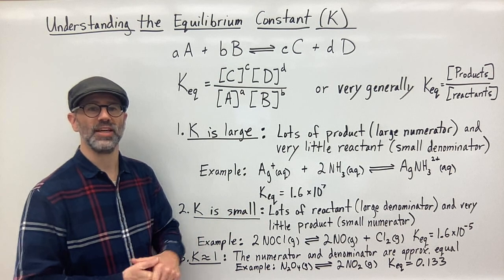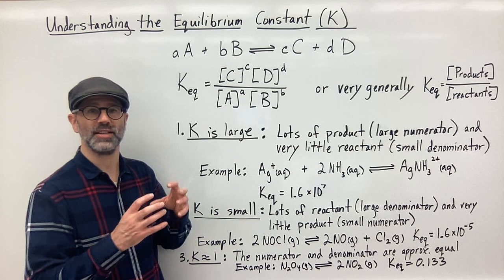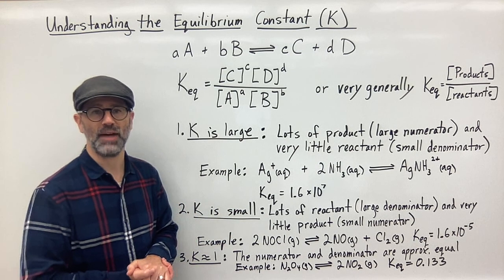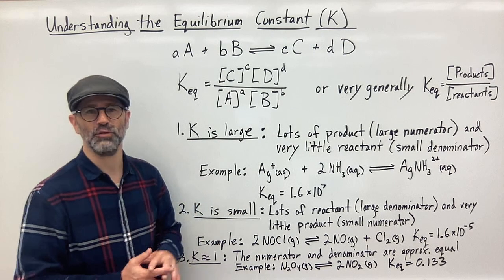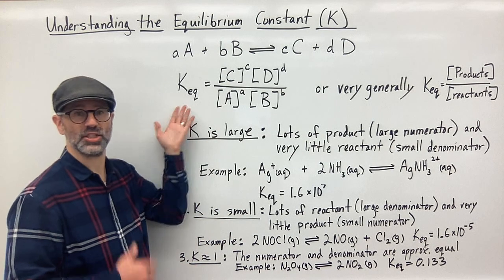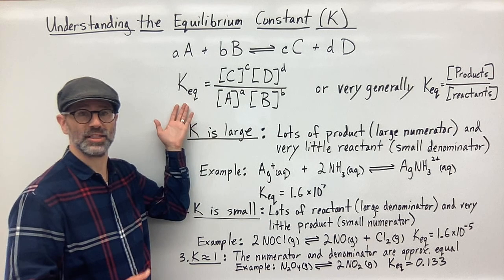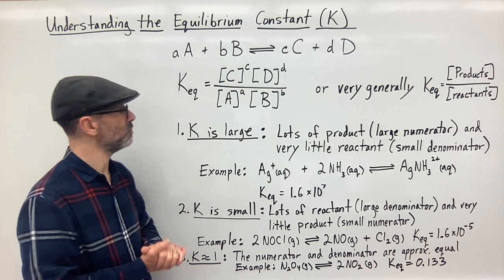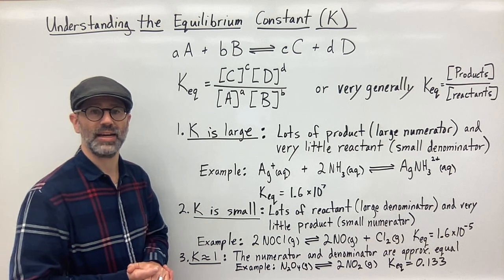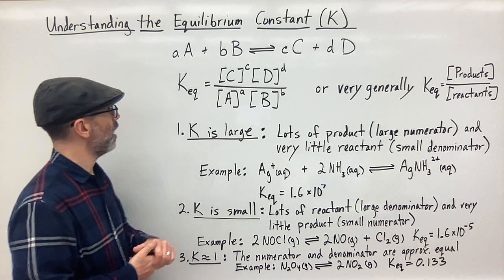And so we give different symbolism for different K values, and I go over that in other videos. So here we call this KEQ, which is going to be the generic equilibrium constant for a reaction that isn't a base or an acid or something like that.